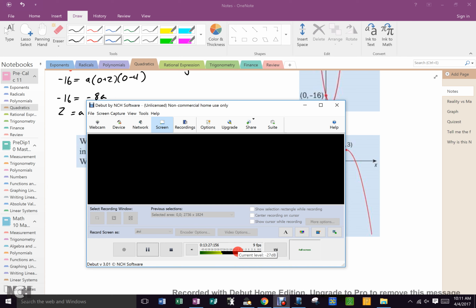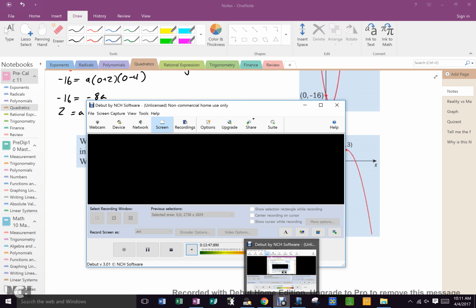So it's entirely possible that when I hit stop or pause or something, I hit this little microphone button. Maybe. Let's see what happens if I hit it now. Yeah, that's what it was.